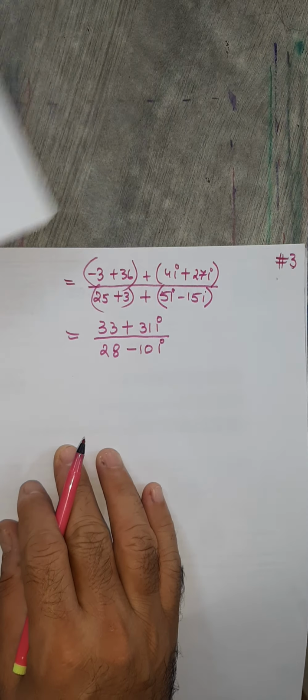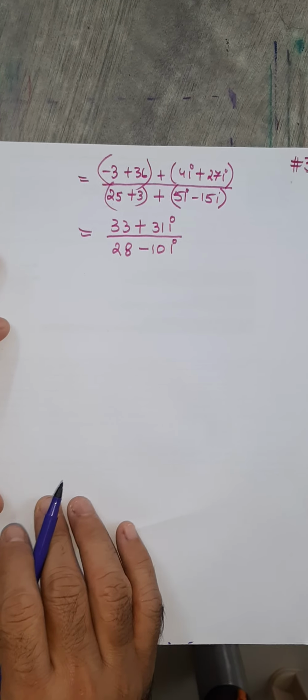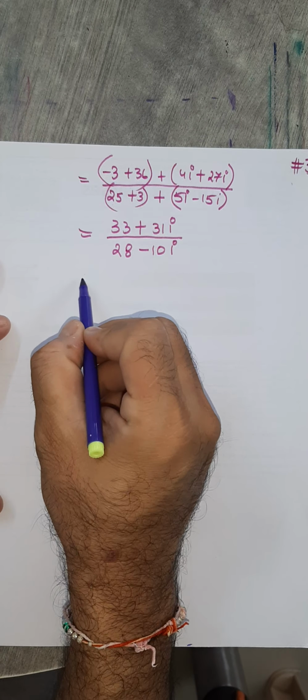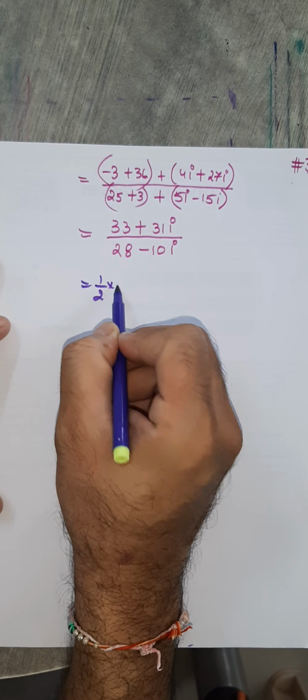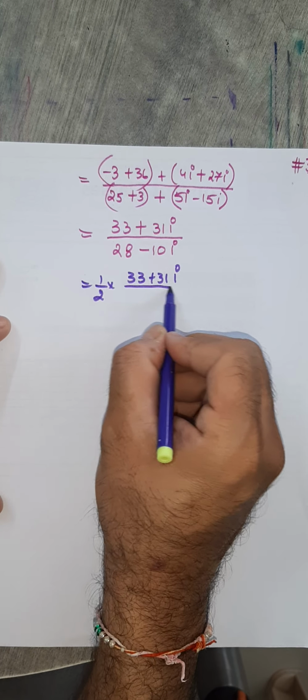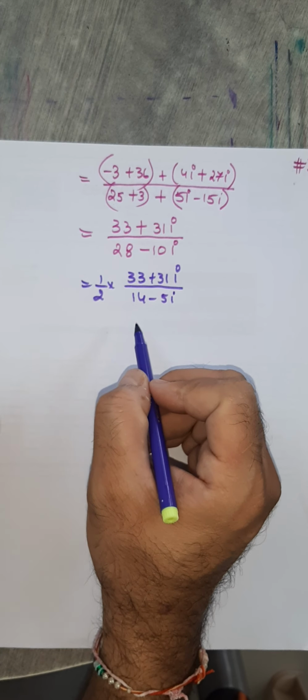Now what we do, as you know, in complex numbers, you multiply and divide by the conjugate of the denominator. But before I do that, you can see that there is 2 common, so I'll take 1 by 2 outside here, 33 plus 31 iota upon 14 minus 5 iota.